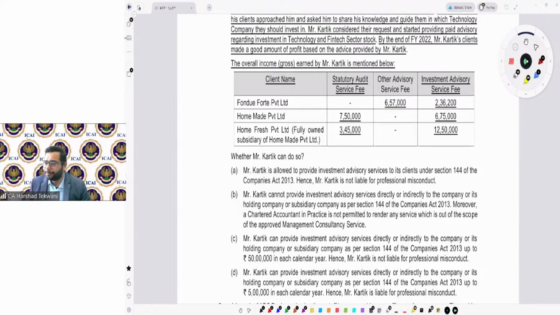Come on, guys. Which option will you choose? Is Mr. Karthik allowed here or not?